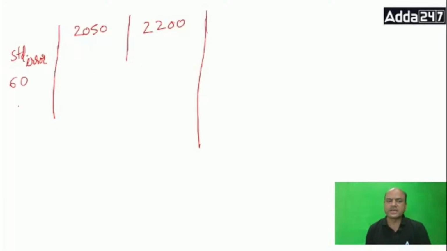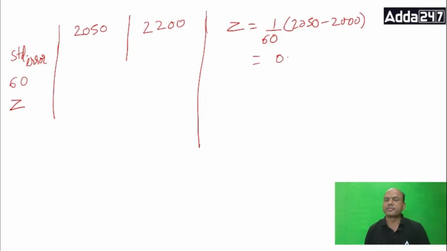First, find out now Z. What is the formula for Z? Z equals 1 upon 60 into x bar minus mu. So 2050 minus 2000. So 50 upon 60. So that is 0.83. This is for 2050.